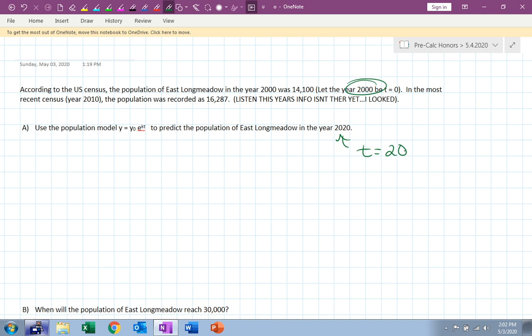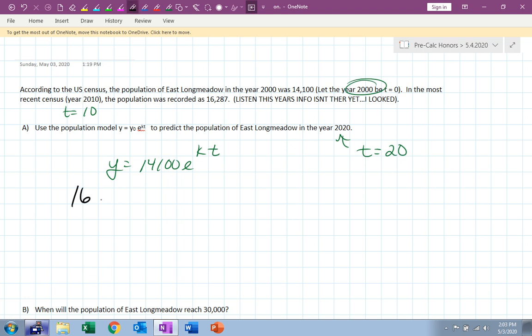Okay? So what we first have to do, again, is use our exponential modeling equation to figure out what k is. So I get y equals 14,100 e to the kt, because that's my initial amount. And then it's telling me in 2010, when t was 10, I had 16,287.